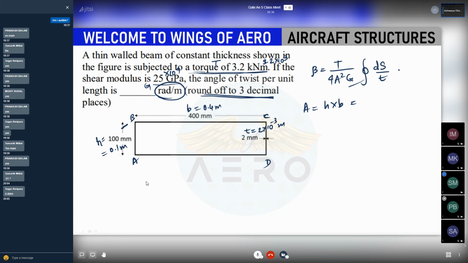That means accordingly you write down in the chat box. Whatever it comes, 0.0 whatever it is, 3 decimal places.